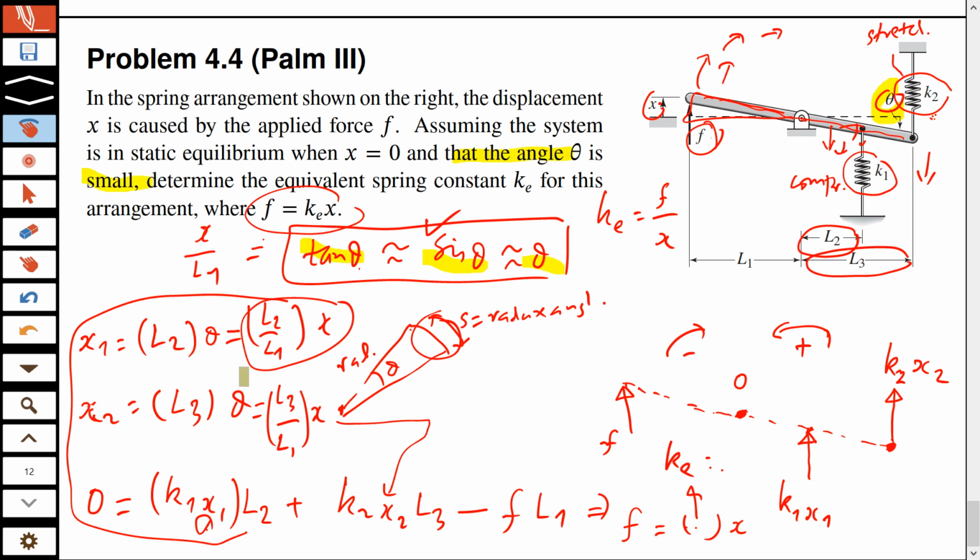And when you don't come up with this assumption, you will never be able to relate x1 and x2 with theta and hence with x, and then you will be stuck here. Okay, so it's an example of that strategy which we explained in the beginning, the SMART strategy. What was S? S was state the problem, model, come up with a model, analyze the model, reflect, and think.